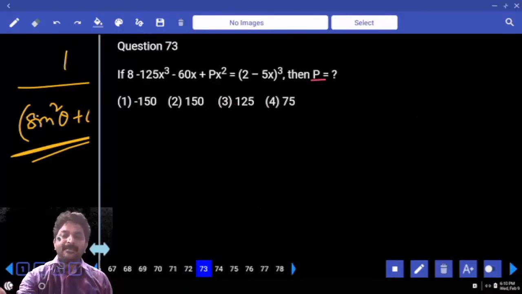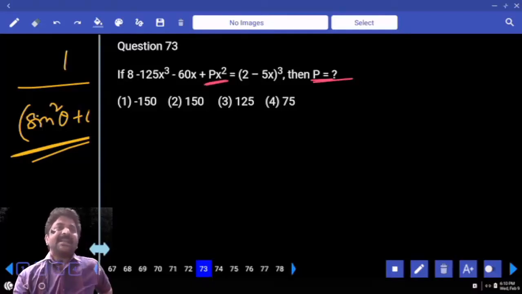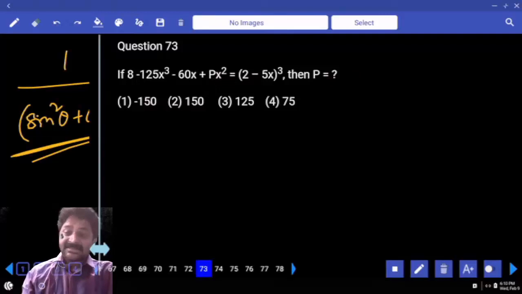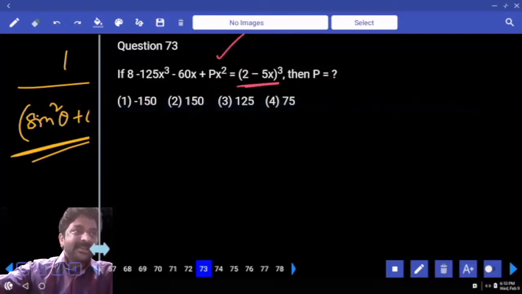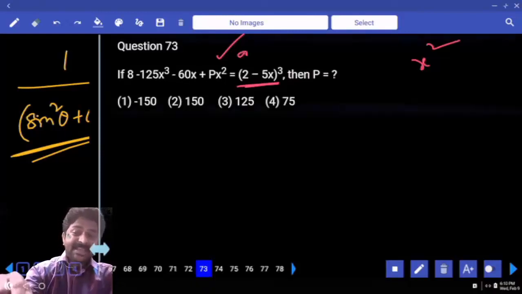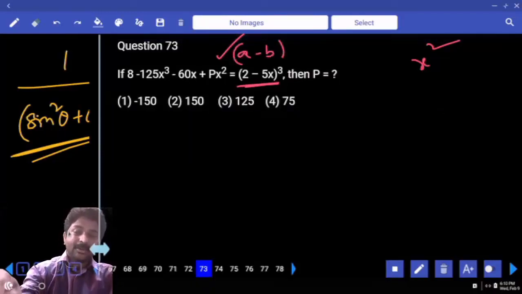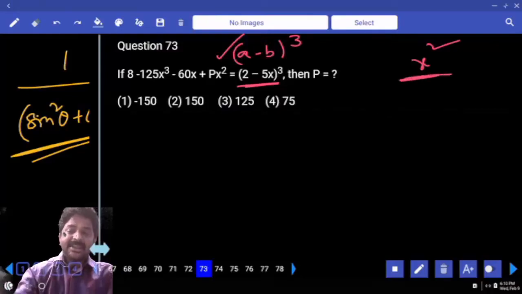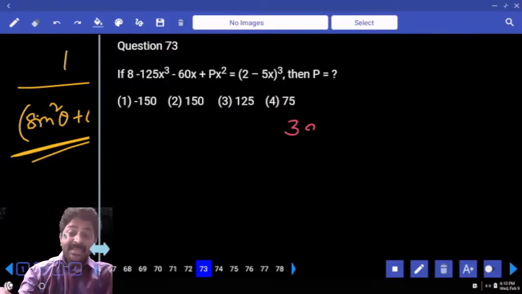Find the value of P, right? P x square, observe x and then its coefficient. X square we have, correct? The right hand side is also of the form A plus B whole cube or A minus B whole cube. In which term do you get x square? If it is A minus B whole cube, in which term will you get the x square coefficient? 3ab square, correct?